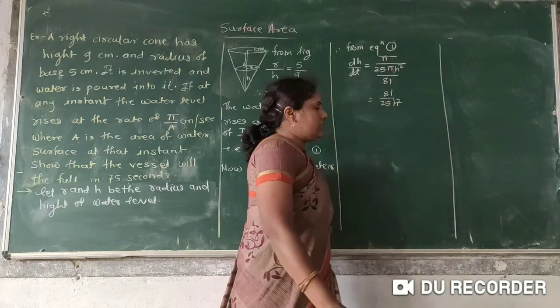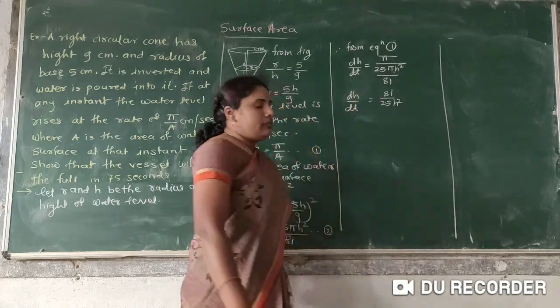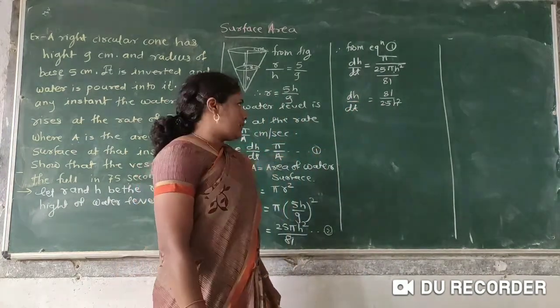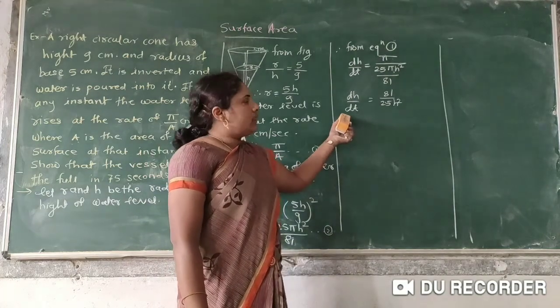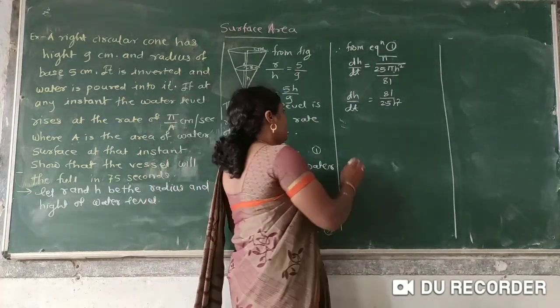Pi gets cancelled. Therefore, dH by dt is equal to 9 upon 25 H square.